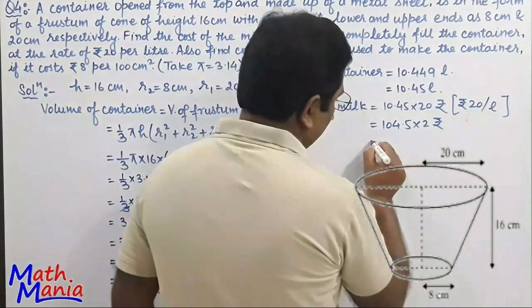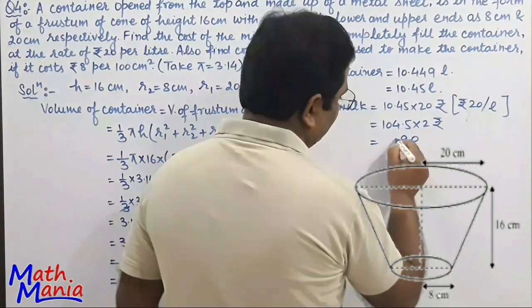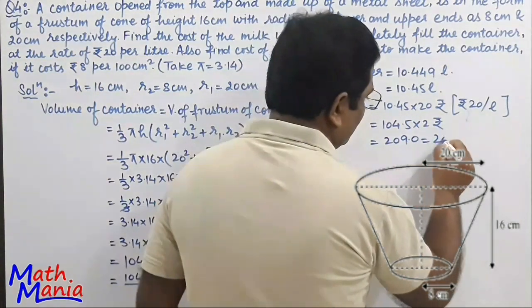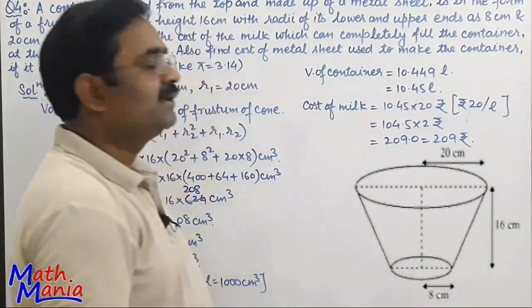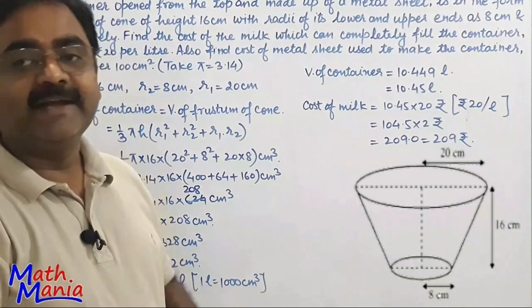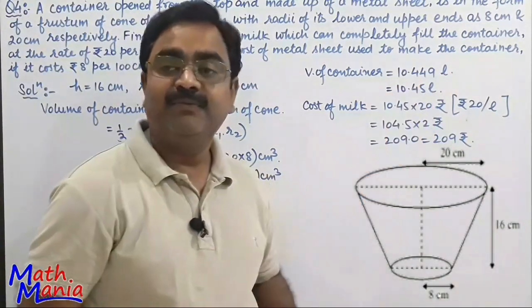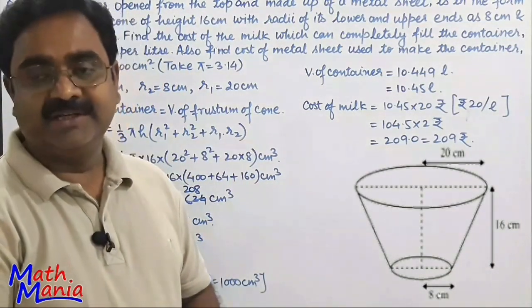So 5 2s are 10, 4 2s are 8, 190, means 209 rupees is the cost of milk that this container can hold. The amount of milk is 10.45 liter, the volume of this container.